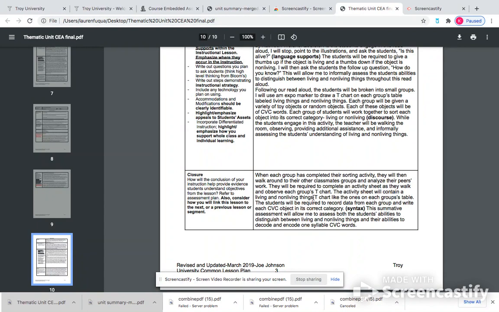So they'll be walking the room, recording data from each group. This will allow me to overall assess their abilities to distinguish living and non-living things, and also their abilities to see those words, recognize those sounds, and write them and encode them on their data sheets.